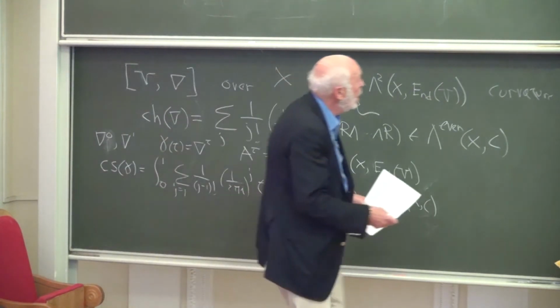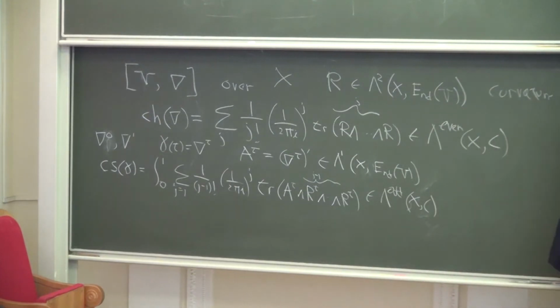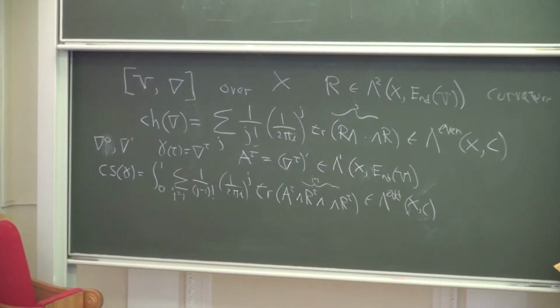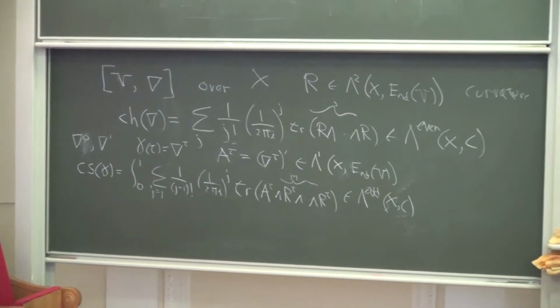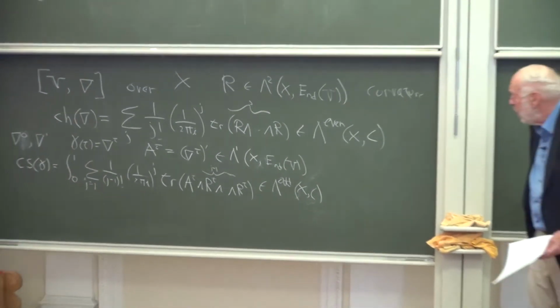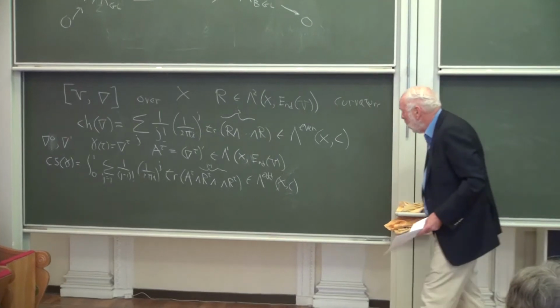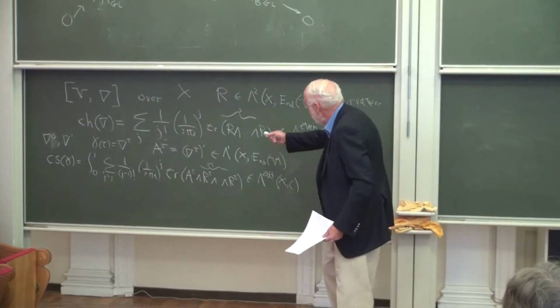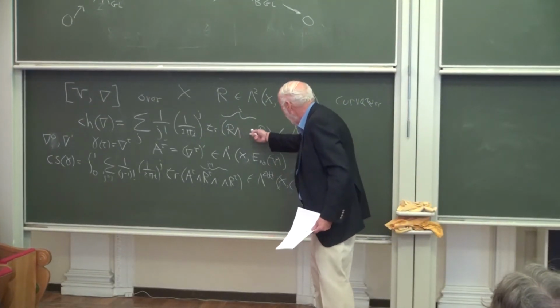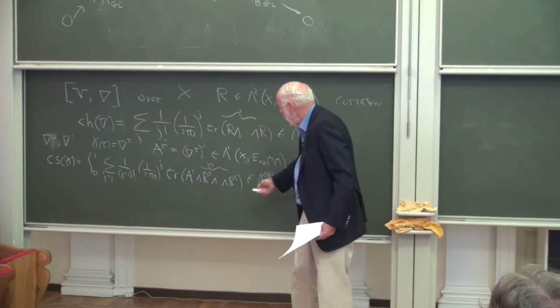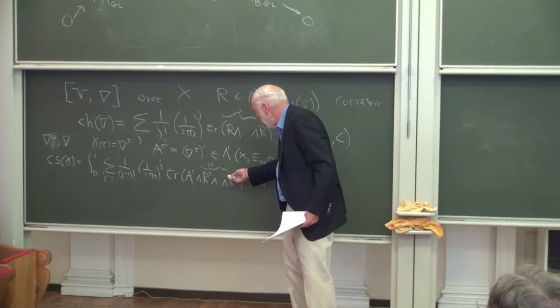Can I ask a question? So if you looked at the formula for the Chern character of the connection, and if you imagine that depended on t, if you just differentiated that, would you get that expression? No. Because R is dA plus A squared. But you'd see the t would distribute among all these things, where here it's there everywhere.